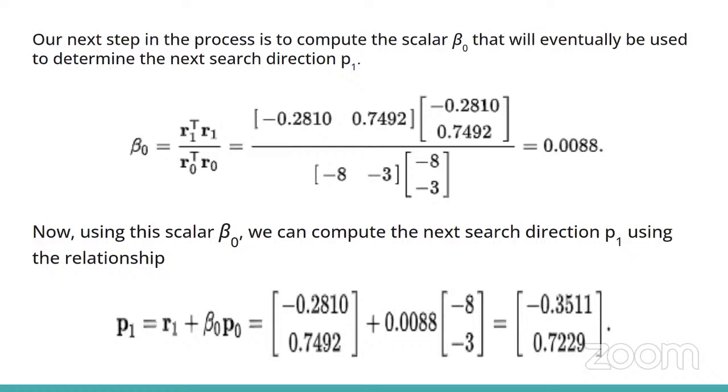You know how to do the transpose. You substitute everything and calculate, and you get that final answer. Now using this scalar beta naught, we can compute the next set direction P1 using this relationship. Then you just substitute the values and get your final value.